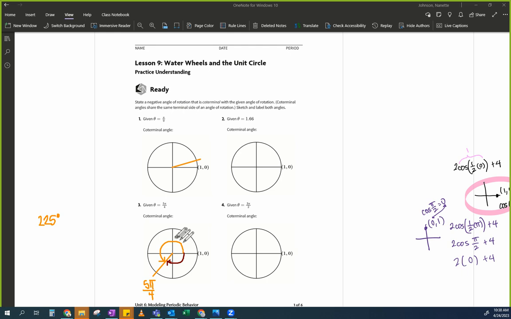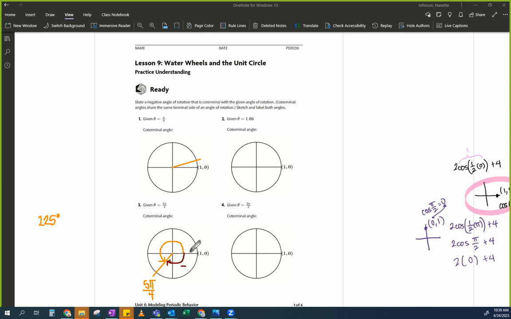So if this is 5 pi over 4, what would this have to be? First of all, it would have to be negative. So negative is part of the answer. And then I want you to think about this whole thing.